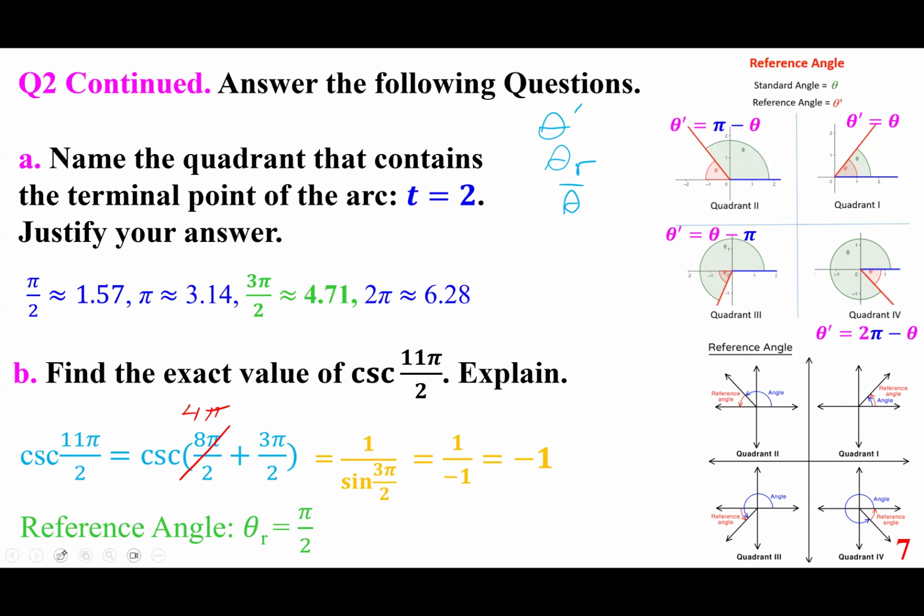As far as the reference arc is concerned, it's pi over 2, but if it's a quadrantal angle, it's something we will discuss in just a moment on the next page. Okay, so those become common arcs that we should be familiar with.